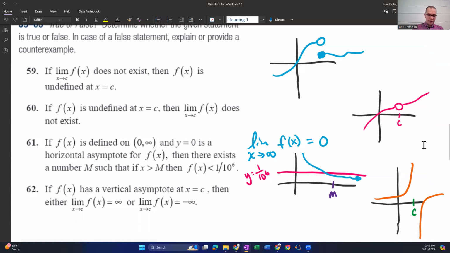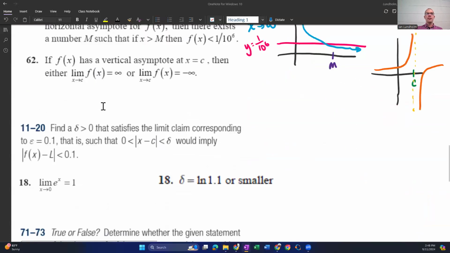Then we would have a vertical asymptote at x equals c, but we wouldn't write either one of those limits. We could say that the limit from the left goes to infinity and the limit from the right goes down to negative infinity. But the overall limit for this one definitely wouldn't exist. They mismatch in which direction they go. Okay, let's keep going.